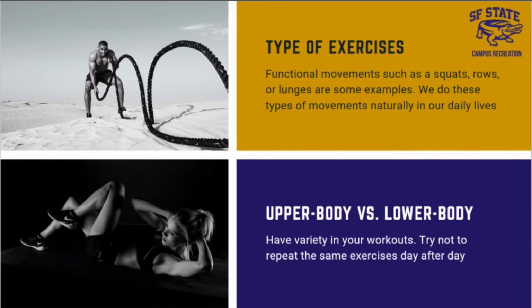I'm pretty sure later on in his age, this person does not want to deal with any type of arthritis or osteoporosis, or even lose some of his fitness capacity. Because let's be honest, nobody wants to be 70 and on a walker or on a cane. Most of us would prefer to be in the healthiest shape possible. So when I talk about functional movement, I'm talking about movements that we do in our daily lives that will benefit us in the future.